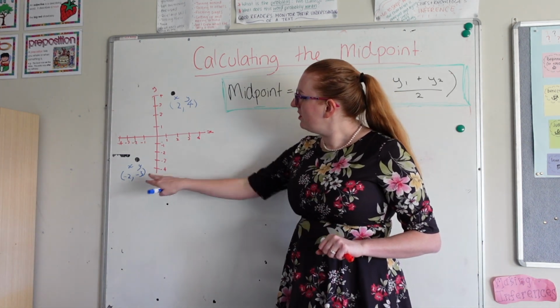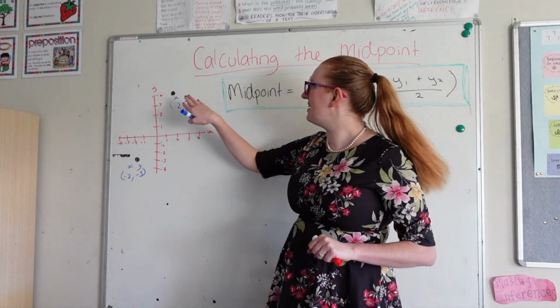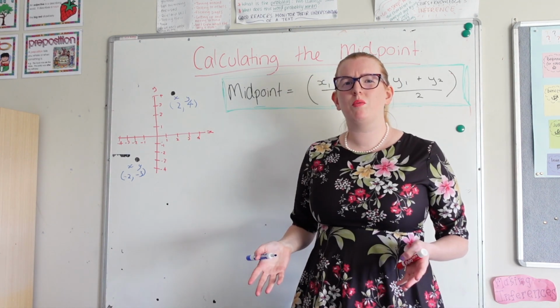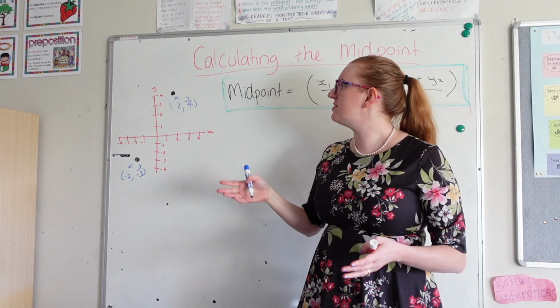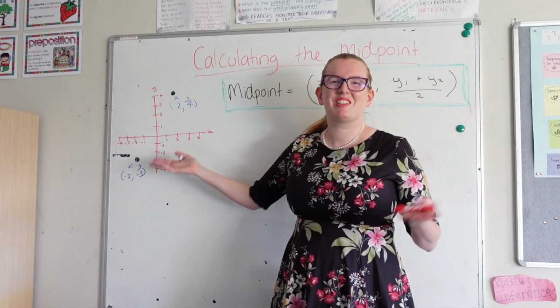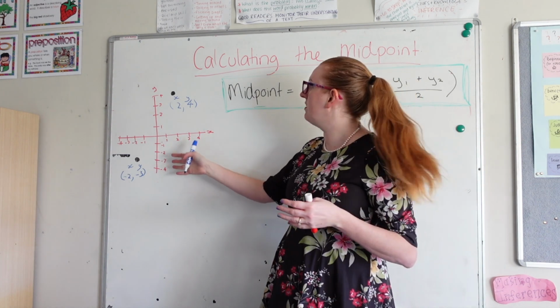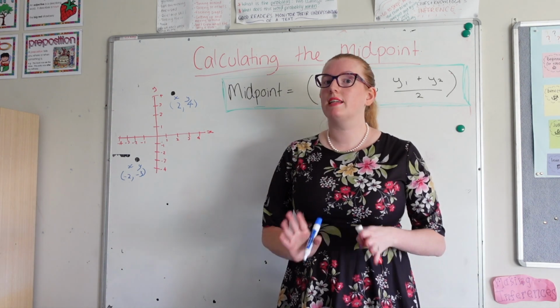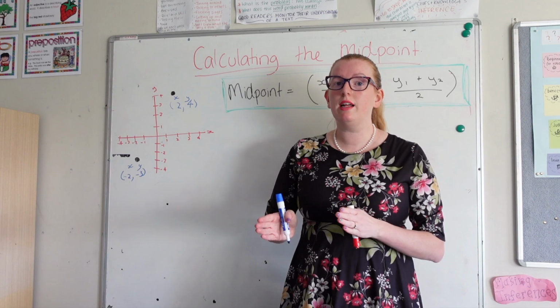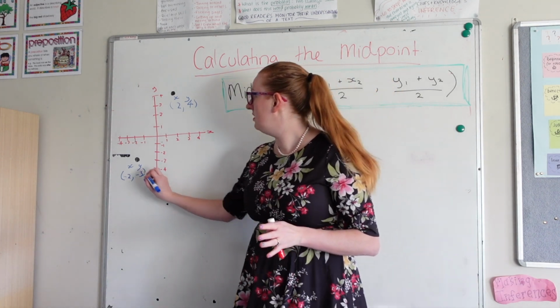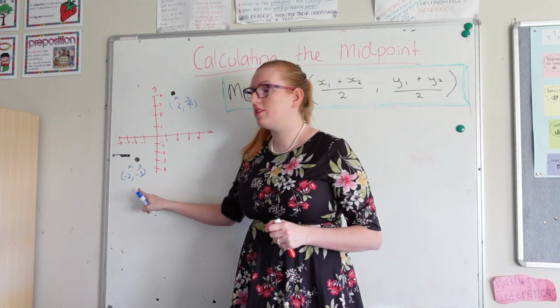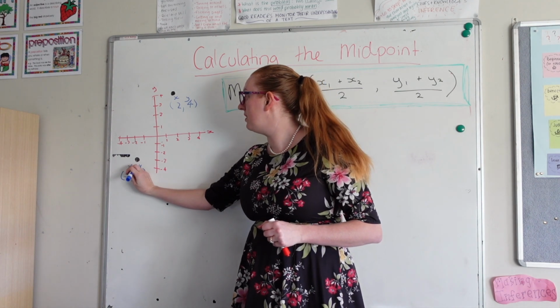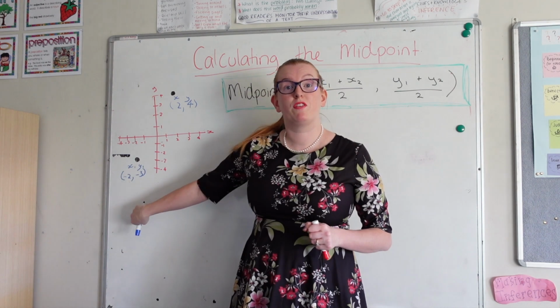Perfect. Now, I've got an x and y down here and an x and y up here, but I need to figure out which one's x1 and which one's x2. The way I do that is, again, reading my points from left to right, I'm going to number them. This is my point 1, so next to the x and y, I'm going to put a little 1 to say that's my first point.